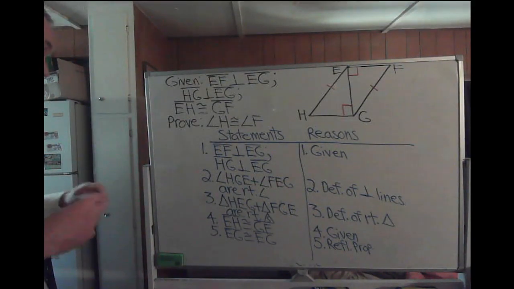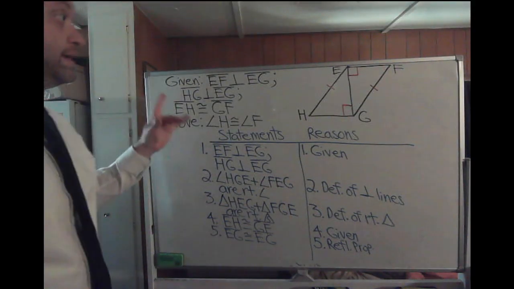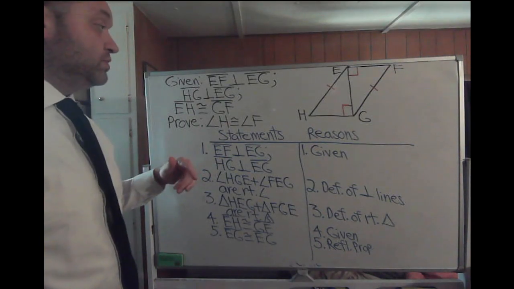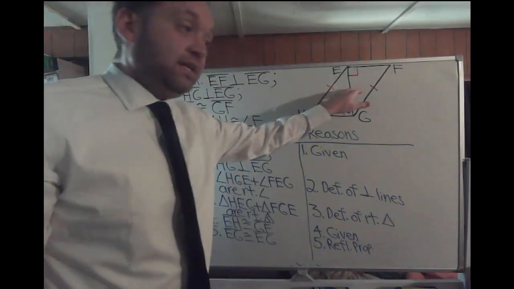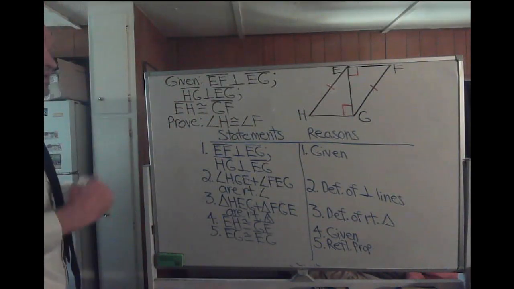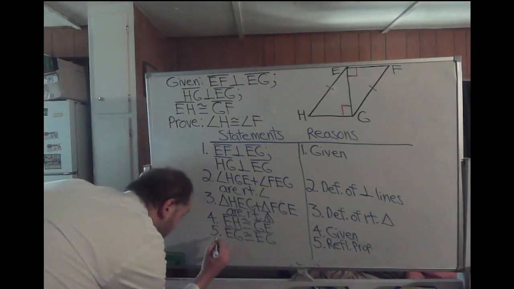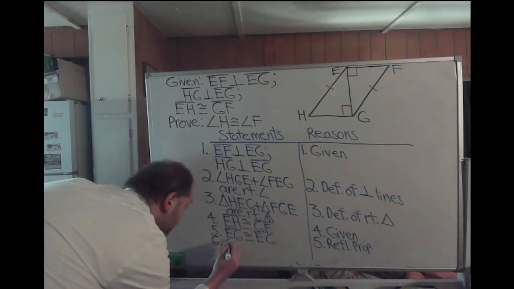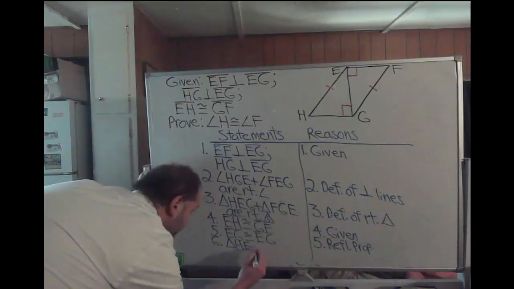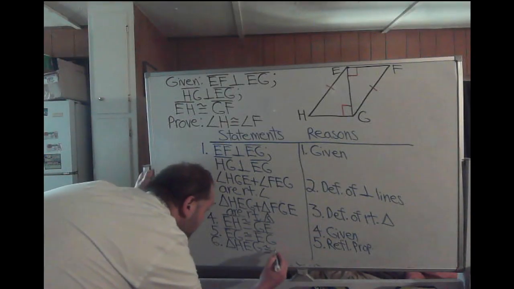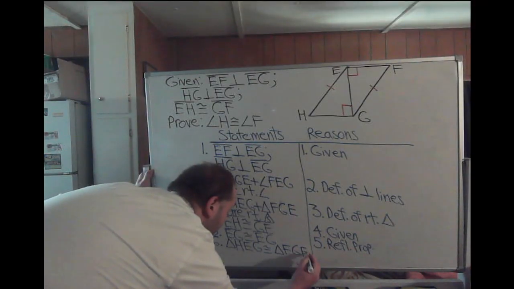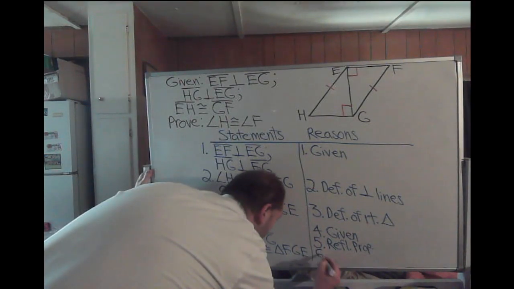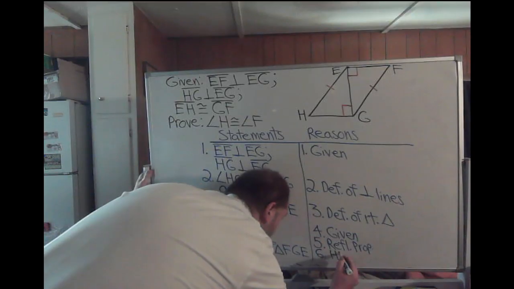So in these right triangles, obviously the hypotenuses are congruent, and then we have a leg congruent. So we can conclude now that triangle HEG is congruent to triangle FGE by the hypotenuse leg theorem, by the HL theorem.